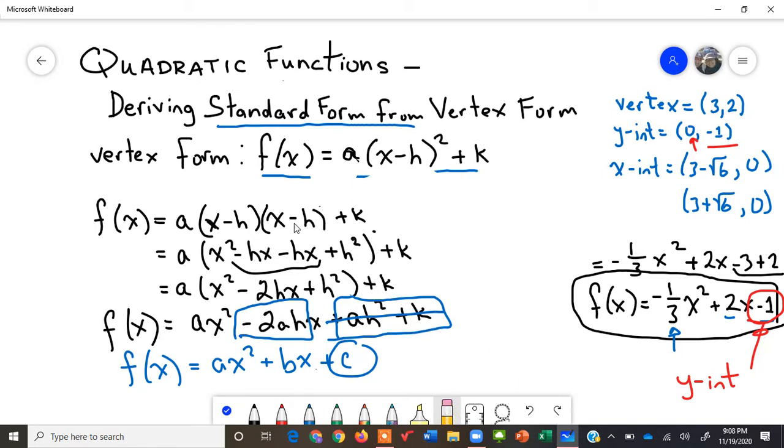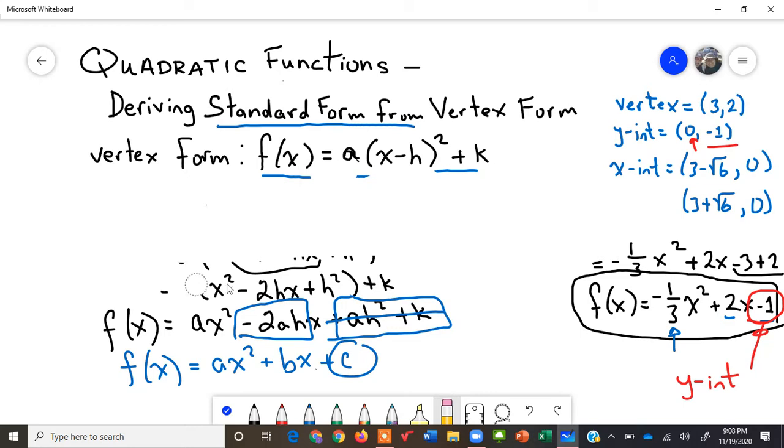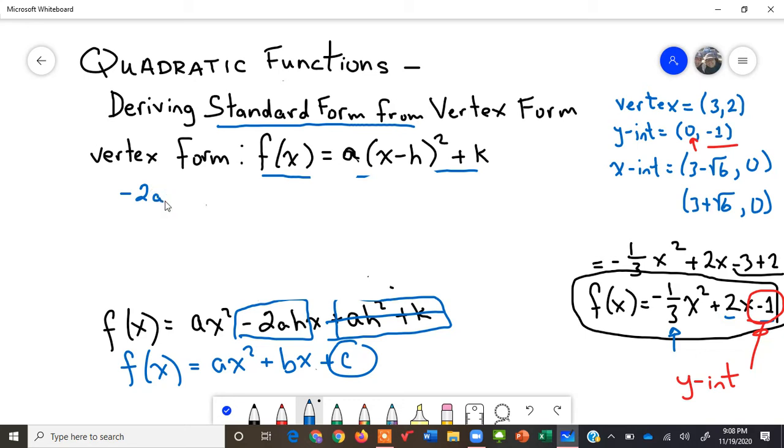So let's set those equal to each other. Negative 2ah equals b. We want to solve for h.